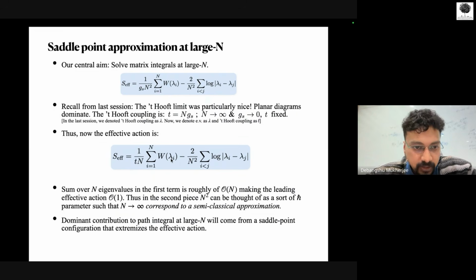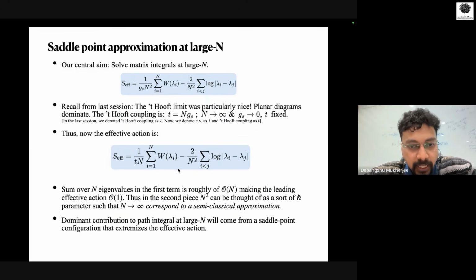So in the large N limit, notice something. This is what I'm going to call the leading piece, simply the sum over the potential. Again, to reiterate, because we are in the singlet sector now, this potential depends exclusively on the lambda_i's, with no dependence on the L_ij's that we saw.